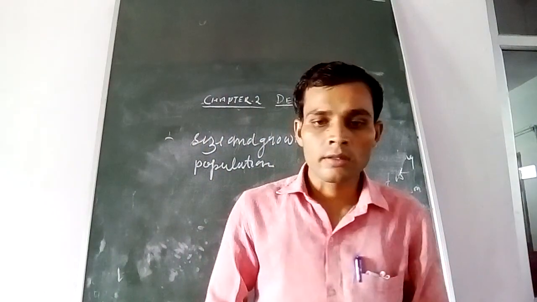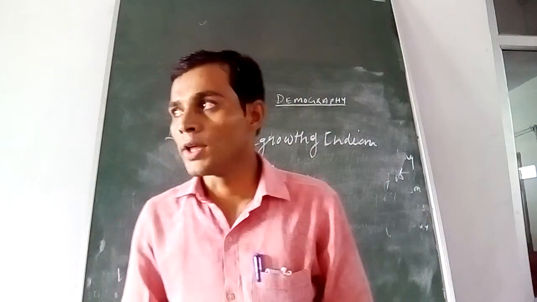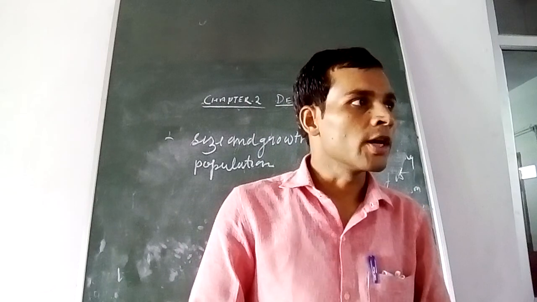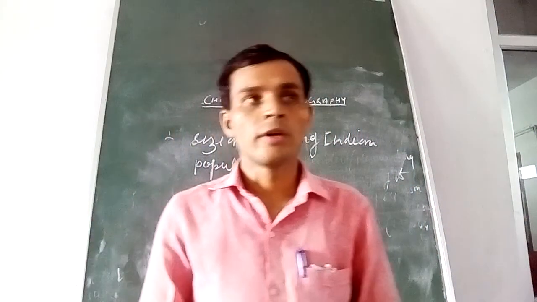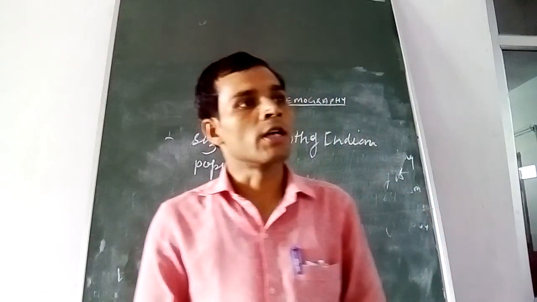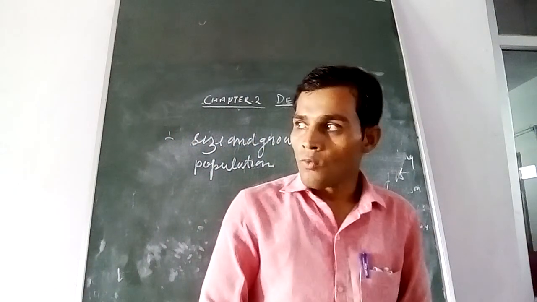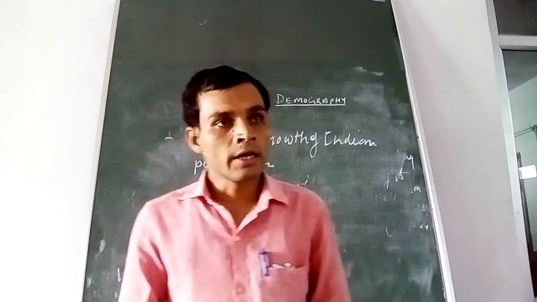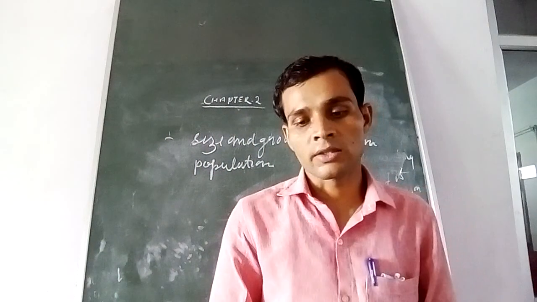According to this, the growth rate of India's population has not always been very high. From 1901 to 1951, the average growth rate was about 1.33. From 1911 to 1921, it was a negative growth rate, approximately 0.13%.